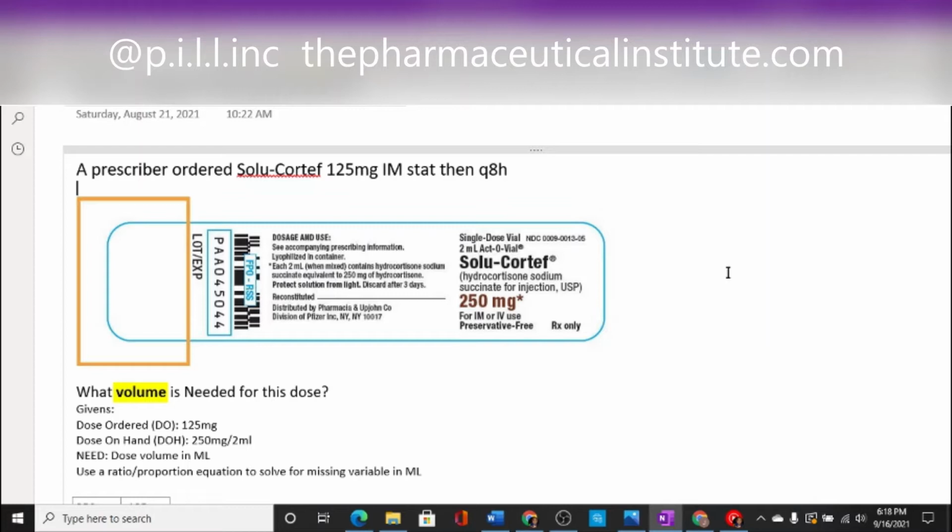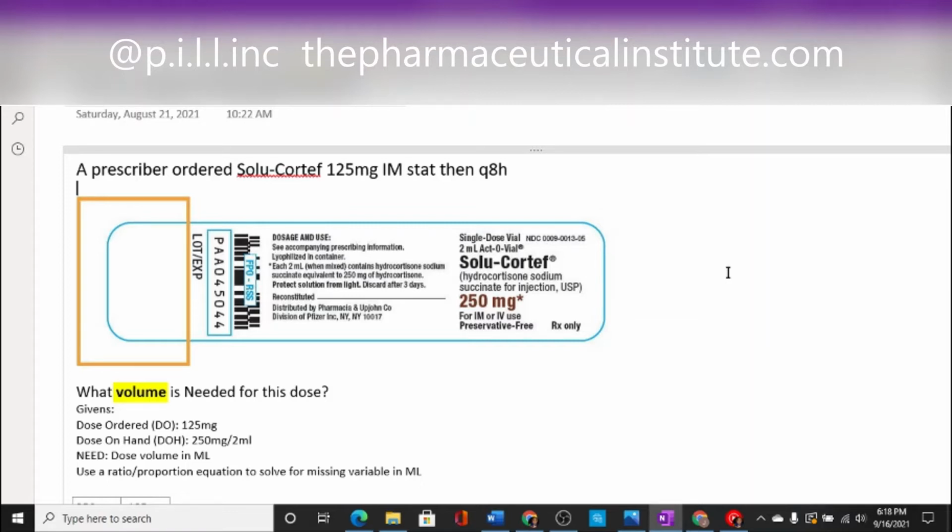Let's look at our first problem. A prescriber ordered Solu-Cortef 125 milligrams intramuscularly stat, and then Q8H, every 8 hours. What we want to look at here is what volume is needed for this dose, given what we have on hand.